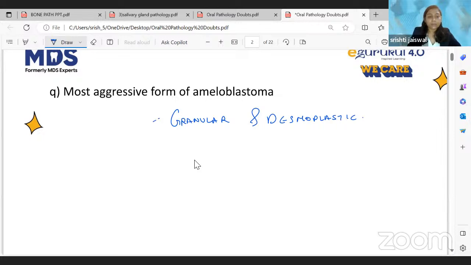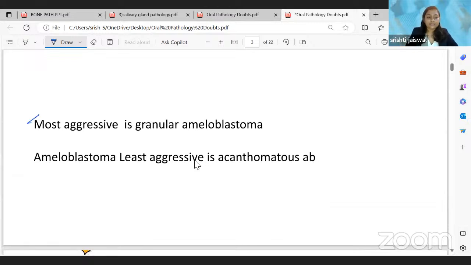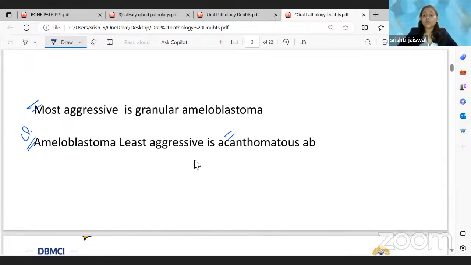Okay, so the most aggressive form of ameloblastoma is granular ameloblastoma. Which is the least aggressive? This can also be a question. It is acanthomatous ameloblastoma.